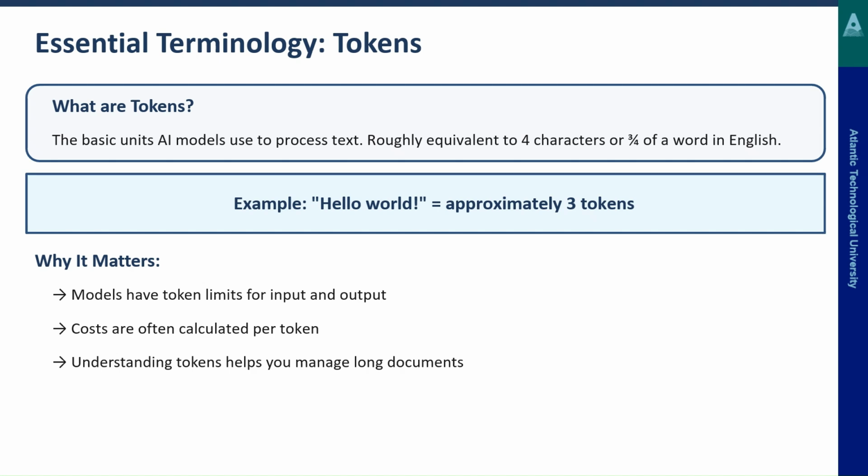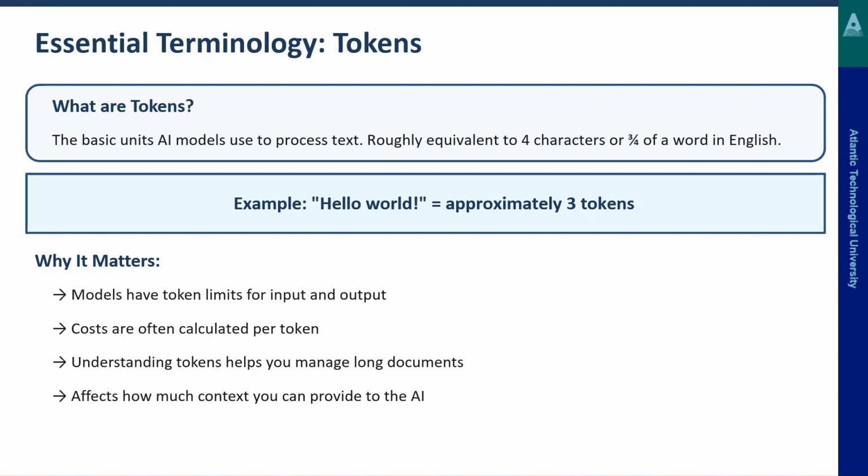So it helps us understand the limitations of the tool, but also manage our costs, because if we're using it for long documents, costs can ramp up really quickly, and if the document is too long, then the model might not even be able to process it in the first place. So what's the point of putting that through and it costing us all that money if we're going to get nothing back out? This is something we definitely need to be aware of.